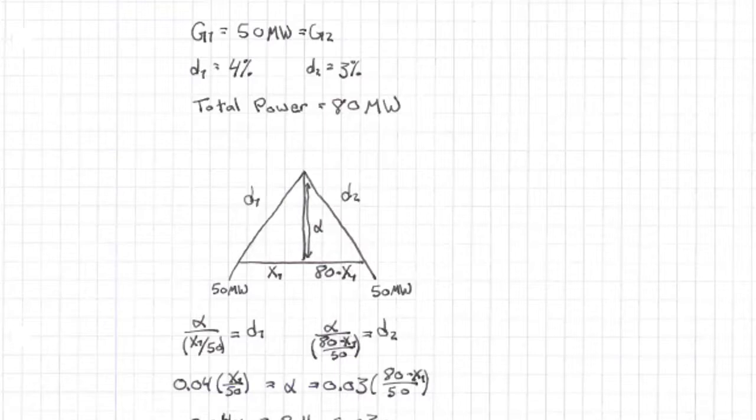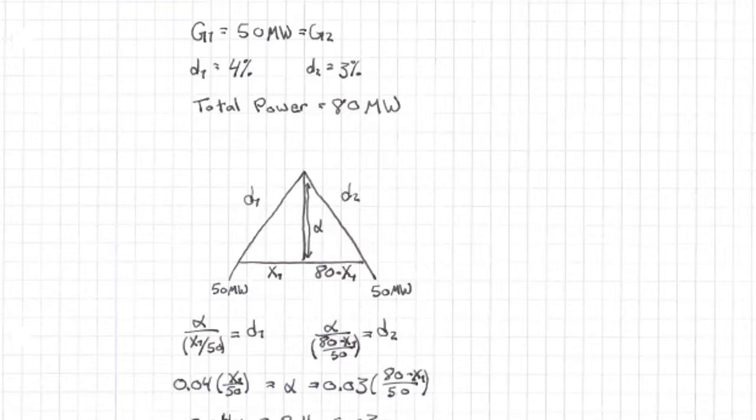We now have two triangles with sides D1, X1, and alpha for generator 1, and D2, alpha, and X2 for generator 2, where X2 equals 80 megawatts minus X1, the total power minus the power from generator 1. With this information, we can set up equations.